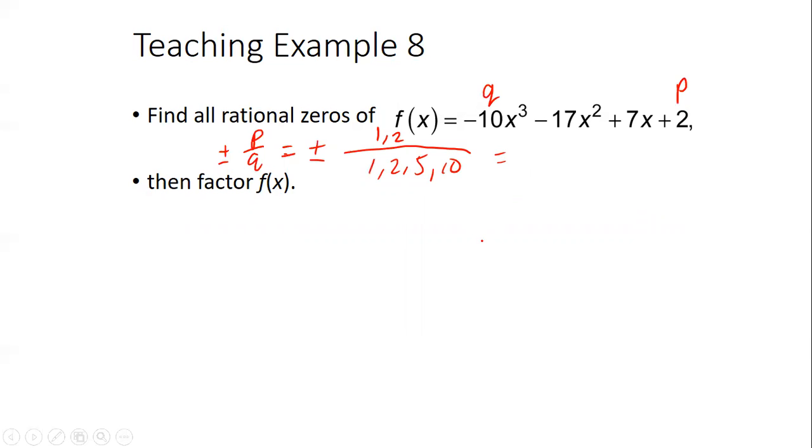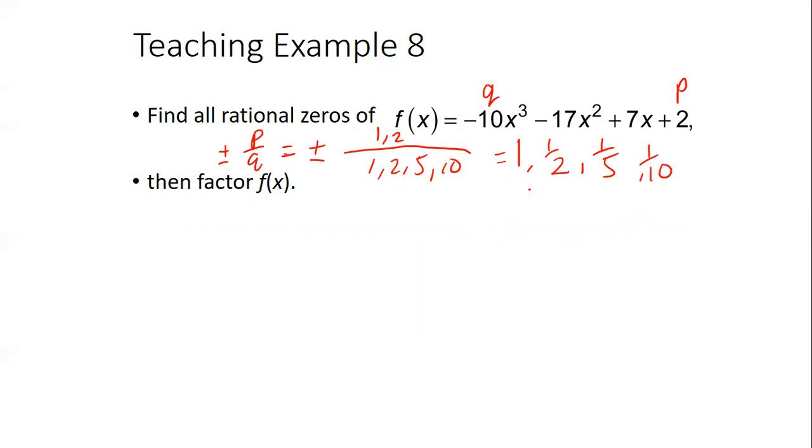I'm going to go through and do them all, and then we'll eliminate duplicates. Is that okay? So we have 1 divided by 1 is 1, 1 divided by 2, 1 divided by 5, 1 divided by 10, and then we're going to do the same thing with 2.